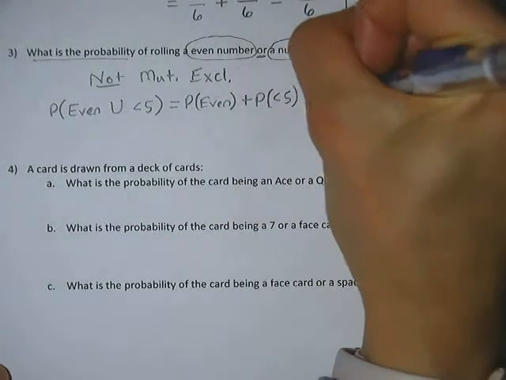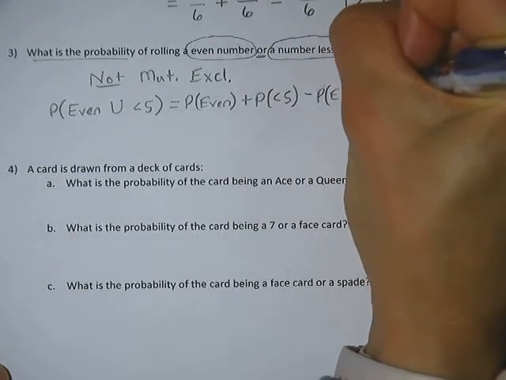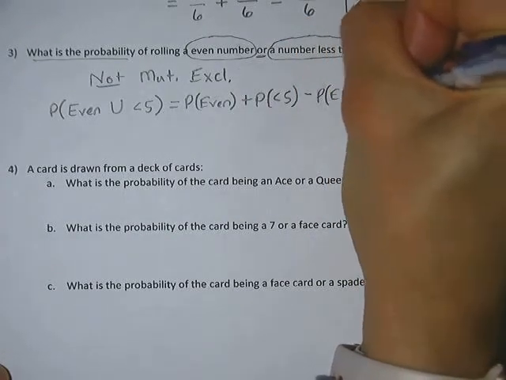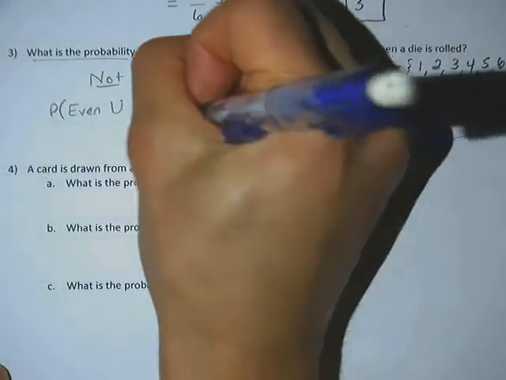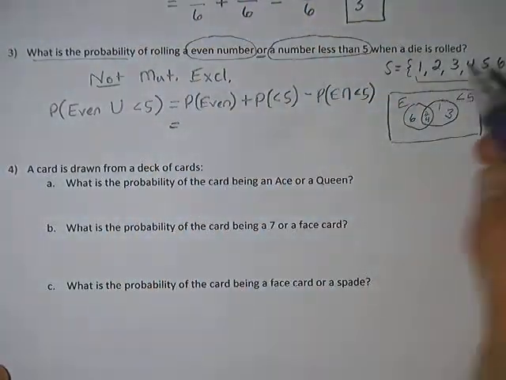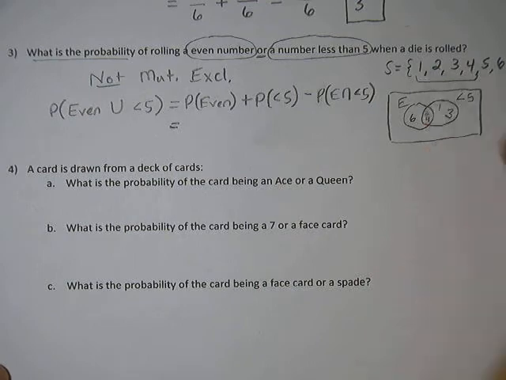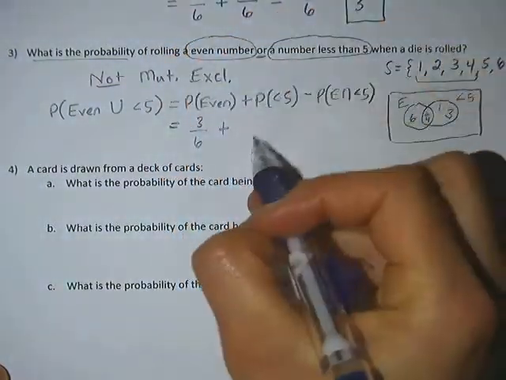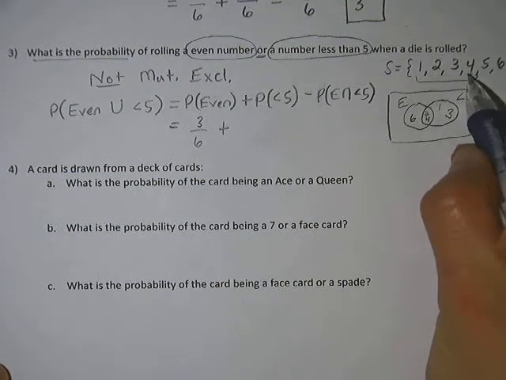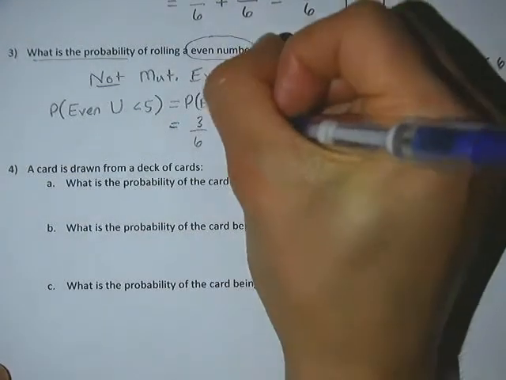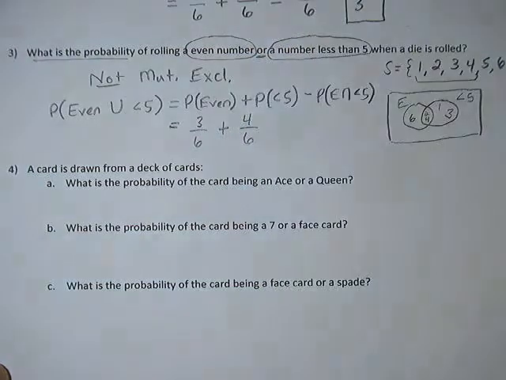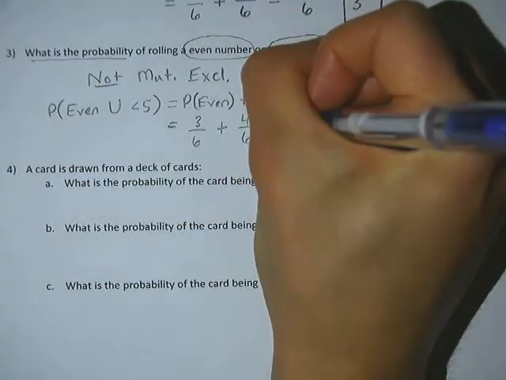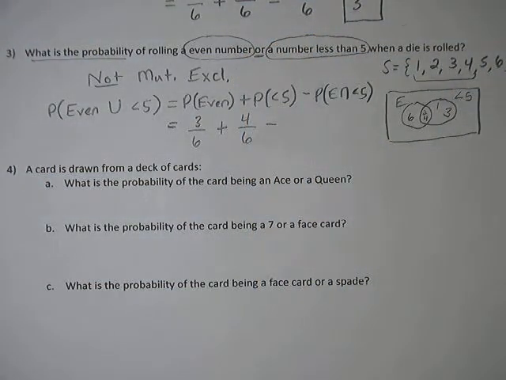So the probability of getting an even and a number less than 5. Okay. And so the probability of getting an even number, well, there's 3 out of the 6 that are even. So 3 out of 6 plus the probability of getting a number less than 5. There's 4 numbers less than 5 out of the 6. And then we have to subtract where they've overlapped.